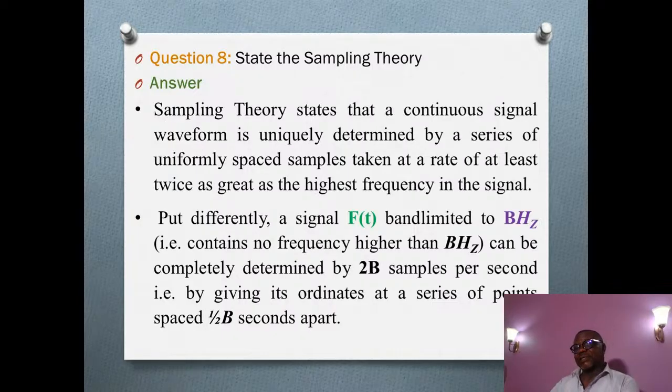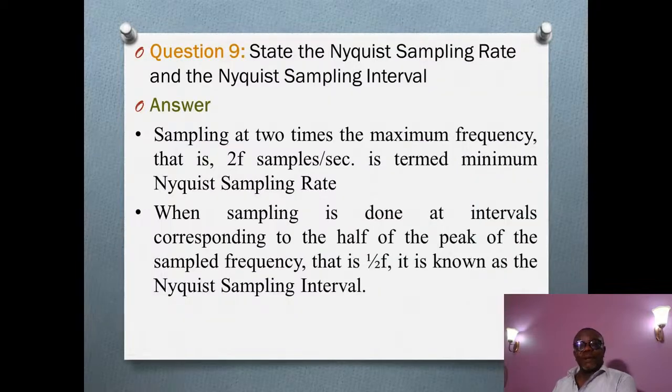Now, if you look at a complete circle, for you to do that, it means that you will be sampling at half peak. Now that sampling is done at what we call the Nyquist sampling rate, and the distance between one point you sample and the other is called the sampling interval.